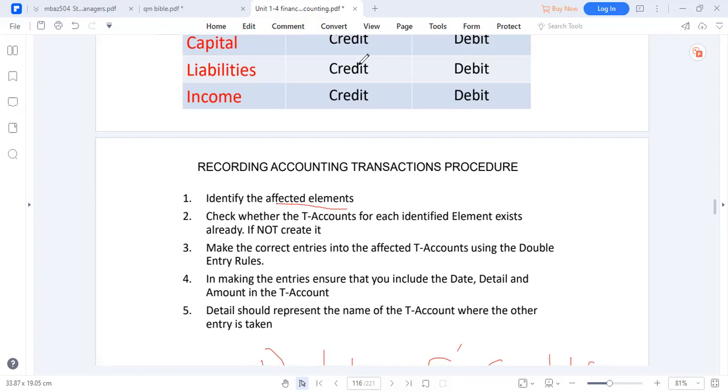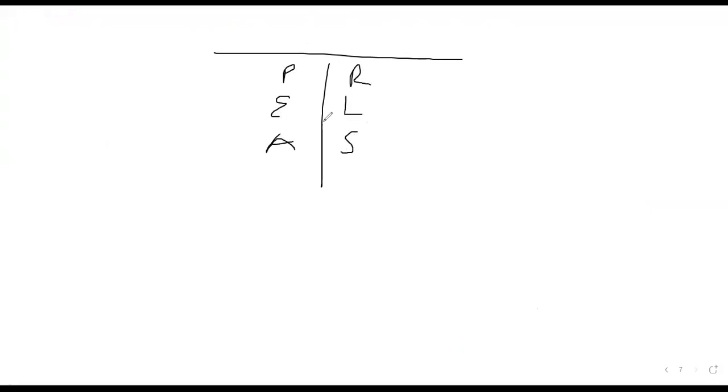For a quick way of understanding what goes where, there's a simple principle called PEARLS. So debit, credit. All purchases usually have a debit balance.